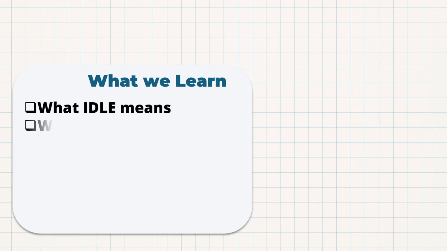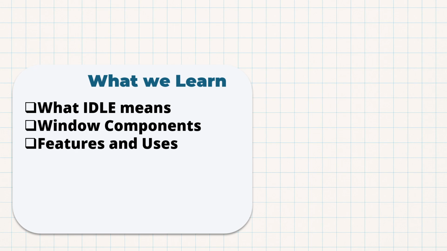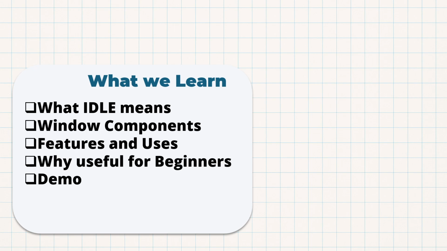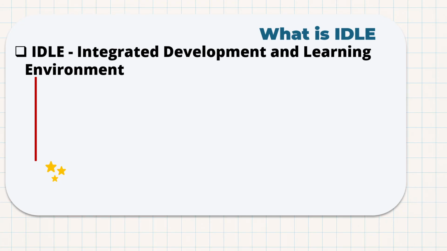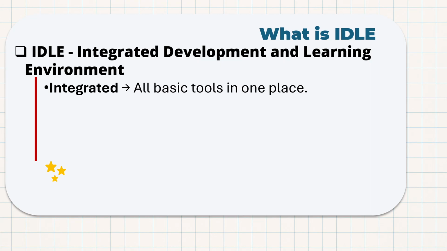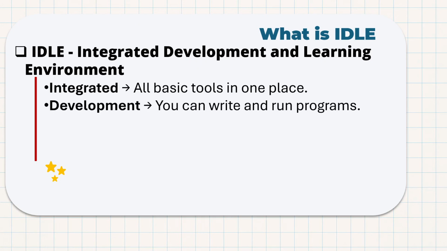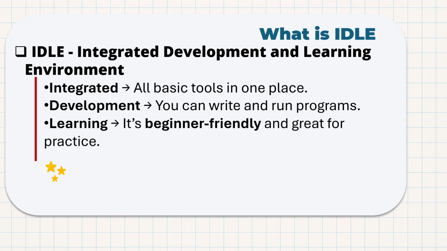So we are going to cover what is IDLE, what are its window components, features and uses, why it is useful for beginners, along with the practical part. What is the full form of IDLE? Integrated Development and Learning Environment. So what is integrated development? You need some tools to write the program, run the program, debug, and test the program.